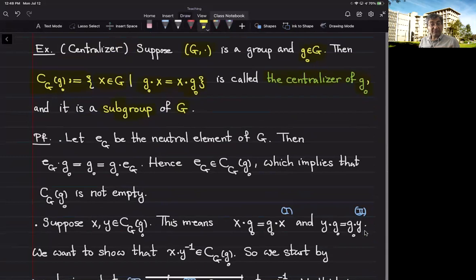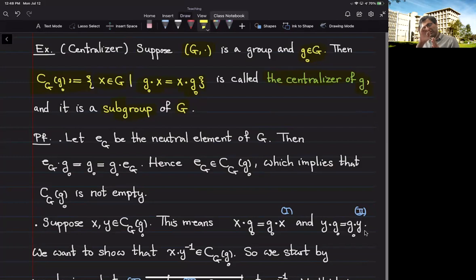Again, we have a subset of the group G. I want to use the subgroup criterion in order to show that the centralizer of g naught is a subgroup of G. That means I start with proving that this is a non-empty set. Next, I will discuss that if x and y are in this set, then x dot y inverse is inside this set.